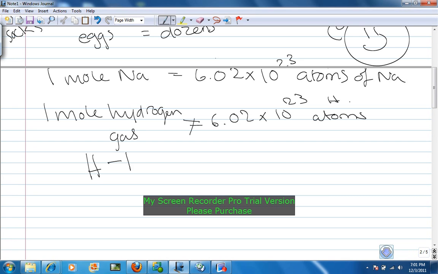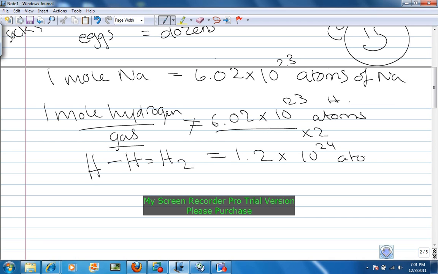It's always paired up with another hydrogen. So that's why it's written like this, H2. So 1 mole of hydrogen gas actually contains, you have to multiply this number by 2, 1.2 times 10 to the power of 24 hydrogen atoms. So that's pretty simple.